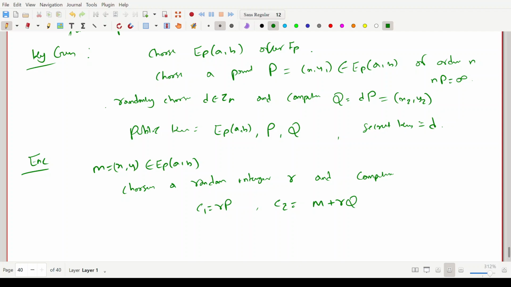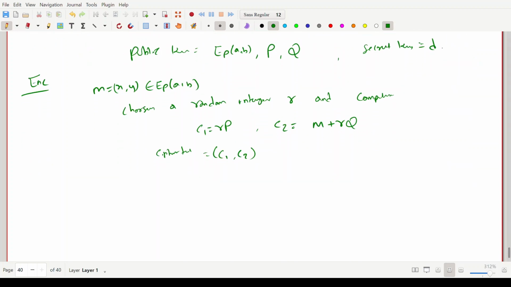The ciphertext is (C1, C2), as in the case of the ElGamal crypto system.